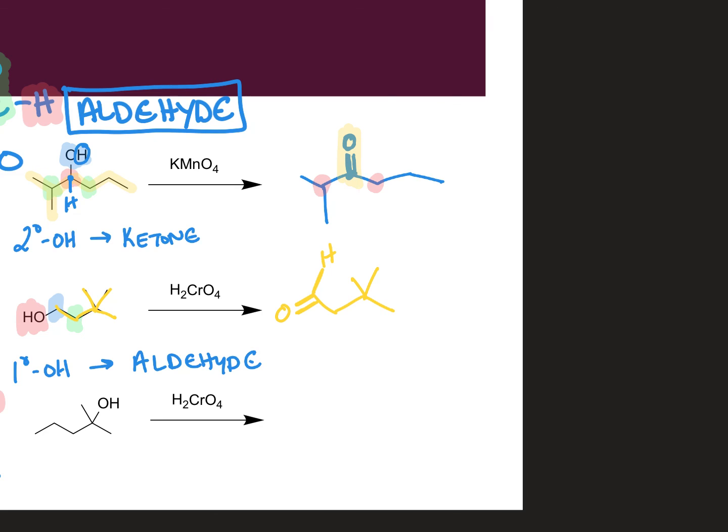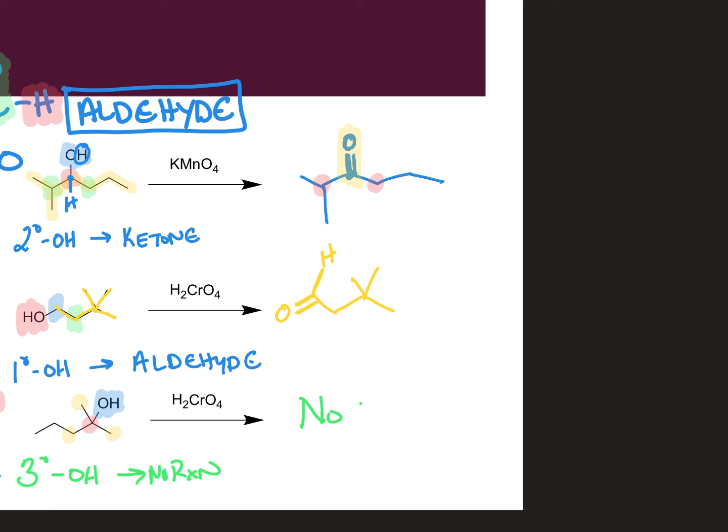If we look at the third example, here's the hydroxyl group attached to this carbon, which is attached to 3 other carbons, making it tertiary. Tertiary alcohols, if I try to oxidize them, is no reaction.